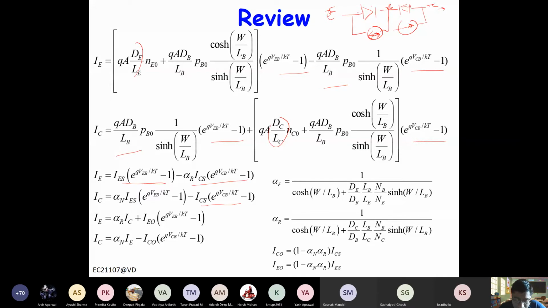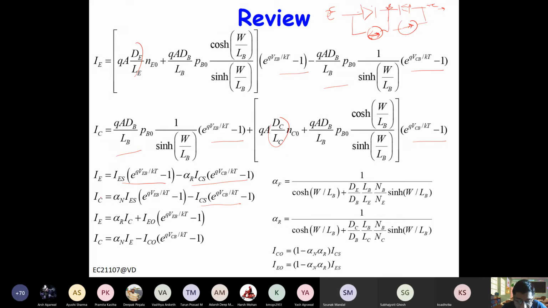Then we did some modification also here, and we tried to relate this IE and IC in terms of each other. So if you want to express IE as a function of IC, then you can write IE is alpha R times IC plus IEO times exponential QV by KT minus 1, and IC if we express as a function of IE, then we can write IC is alpha N times IE.